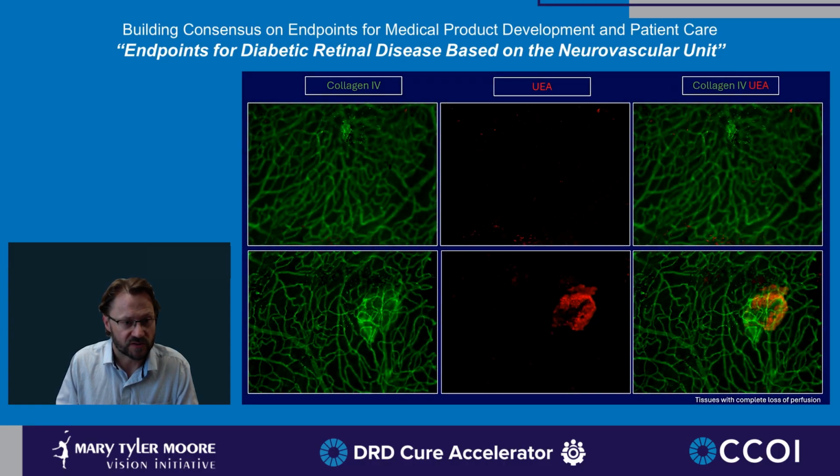And finally, all the way to regions that have completely lost perfusion, and that can be used to assess how those regions are showing changes relative to other regions of normal perfusion, including in the same donors.